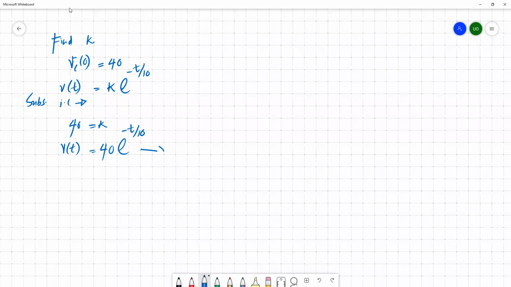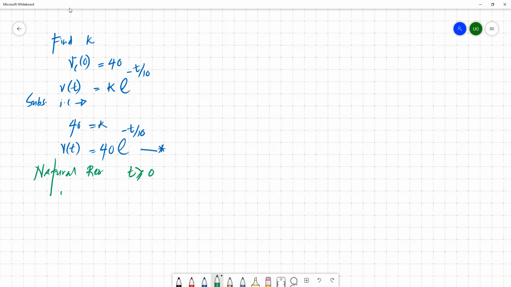This is the natural response of the circuit for t greater than or equal to 0.